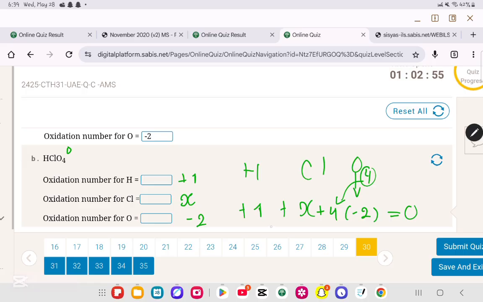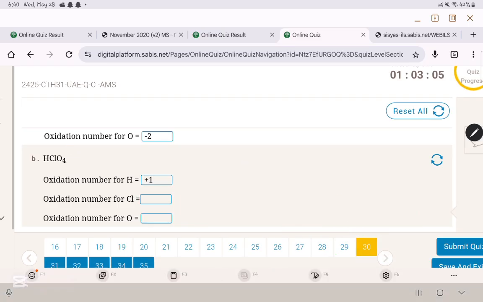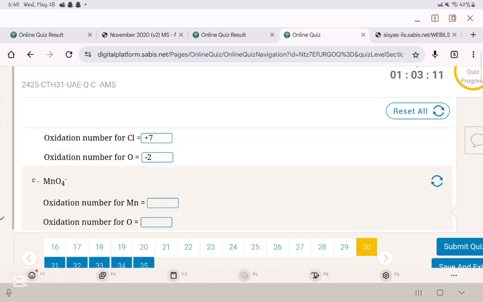So after solving, you will get 1 plus X minus 8 equals 0. X minus 7 equals 0. So X is equal to 7. So for hydrogen, it is plus 1. For Cl, it is plus 7. And for oxygen, it is minus 2.